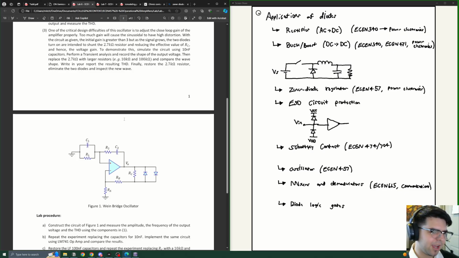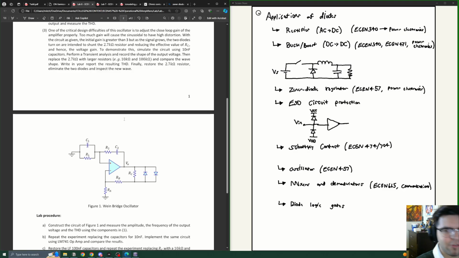In addition, we have the idea of a demodulator: if we have some sort of communication system, how do we gather the information that we were trying to transmit from our AC signal? This also uses diodes, similar to how rectification works, to remove the AC components. This is discussed in courses like ECEN 665 and other communication courses.